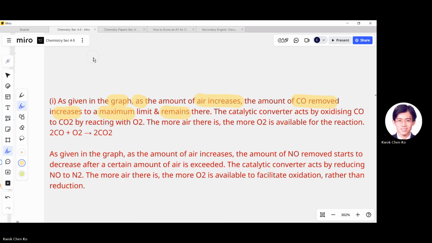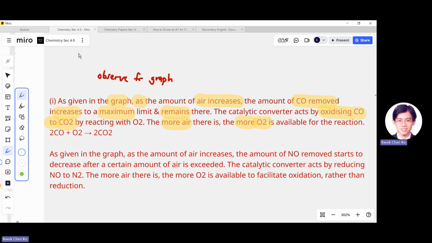Explanation. CO is oxidized to CO2. So the more air there is, the more O2 is available for oxidation. If you notice, the first sentence is the observation from the graph, and the next two sentences are the explanation.